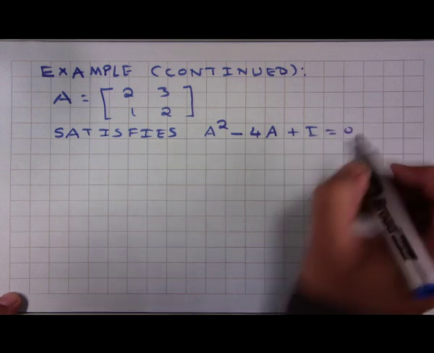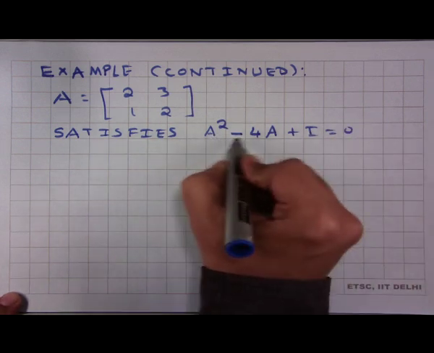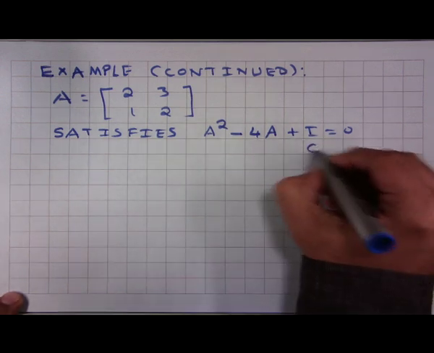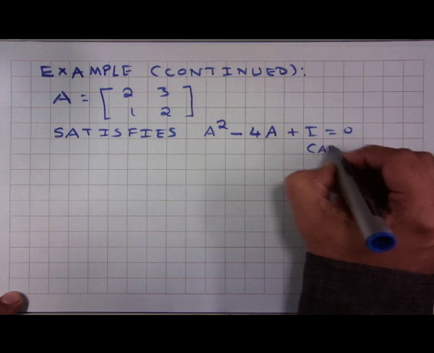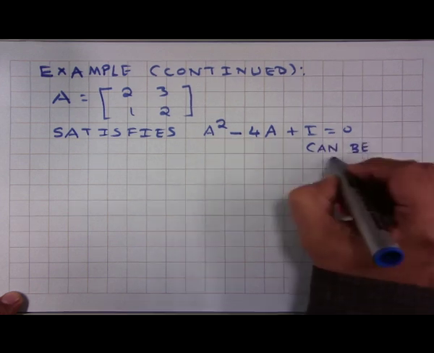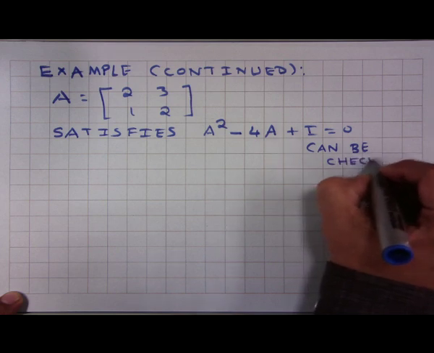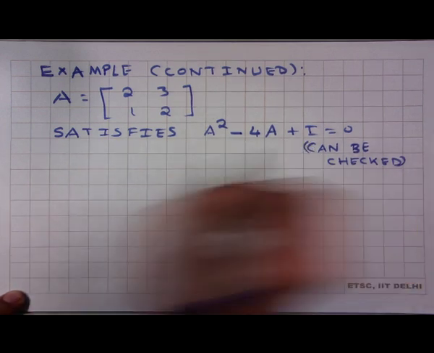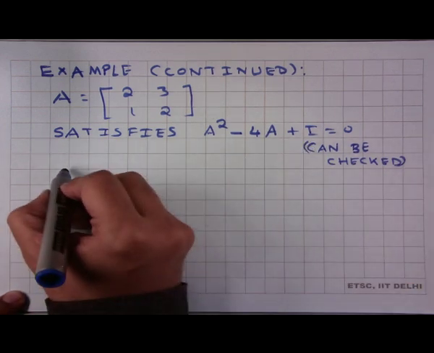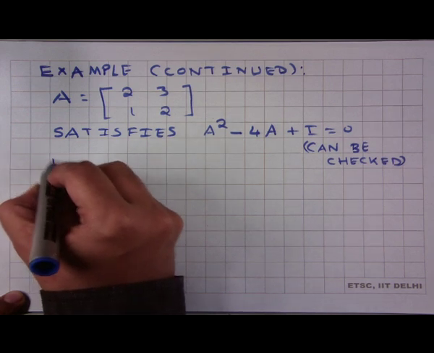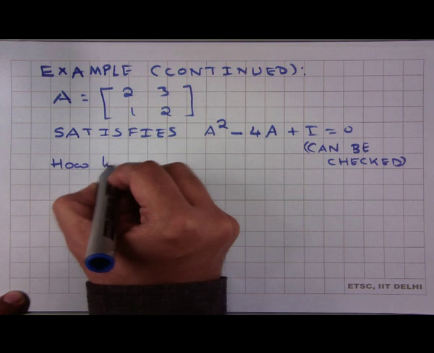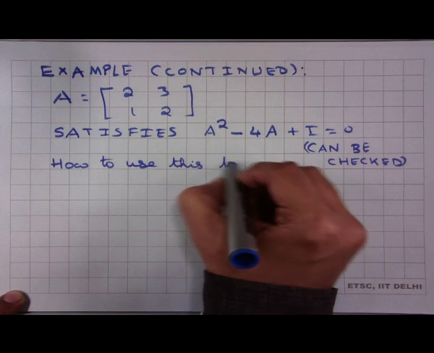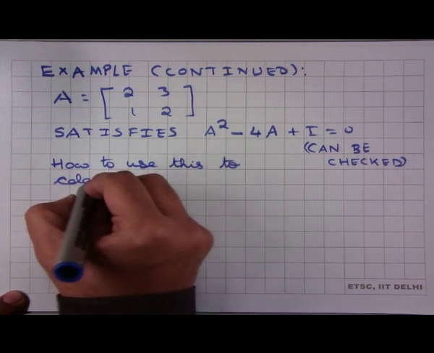So, you could check this, whether A square plus I is equal to 4A or not. So, this can be checked. How can this be used to calculate A inverse?